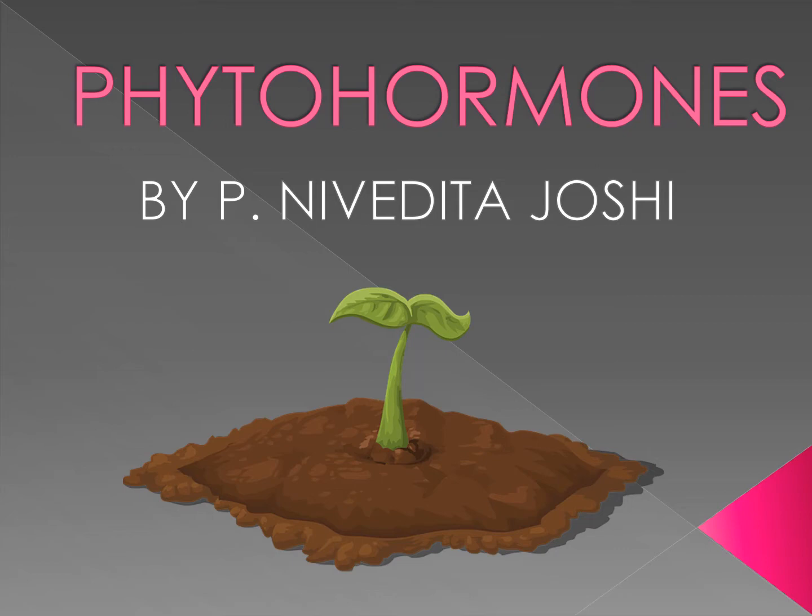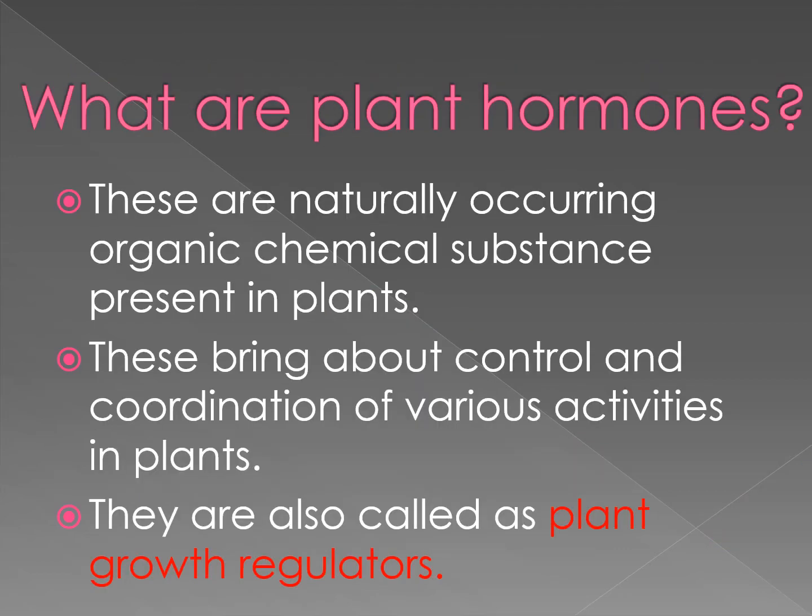Phyto means plants, and hormones are naturally occurring organic chemical substances produced in the plants. These are the chemicals or organic substances which bring about control and coordination of various activities in plants.